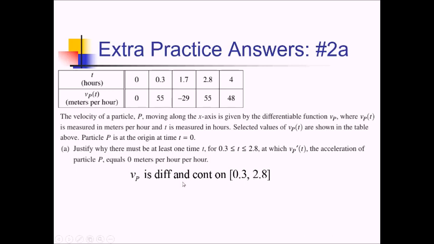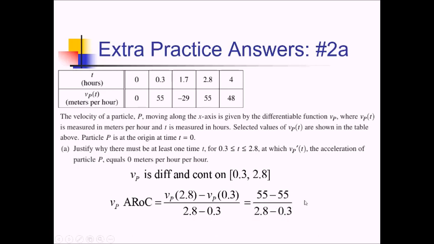To actually use the mean value theorem, I have to find the average rate of change over this interval, and hopefully it's exactly 0, but let's give it a shot. So that's going to be Vp of 2.8 minus Vp of 0.3 over 2.8 minus 0.3. Now looking that up in the table, Vp of 2.8 is 55. Vp of 0.3 is 55 also, so we have 55 minus 55 over 2.8 minus 0.3.